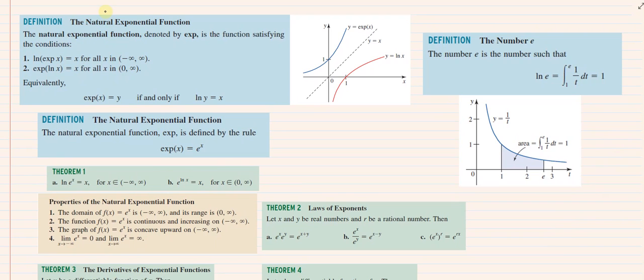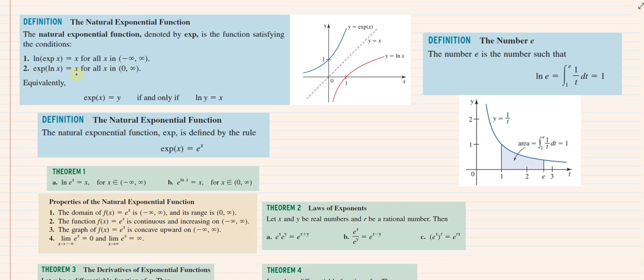So the natural exponential function, which initially is defined as exp for exponential, is a function so that the composition of the natural log of this function of x would give you x, and also when we change the composition to it and ln of x, we get x. So in other words, this is going to be the inverse of the natural log function.